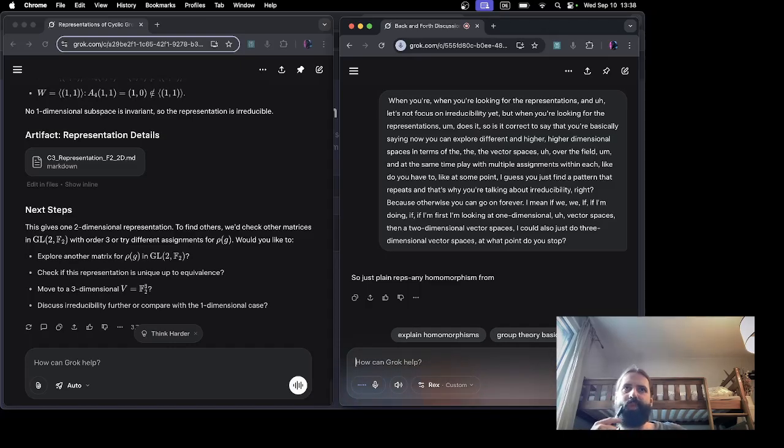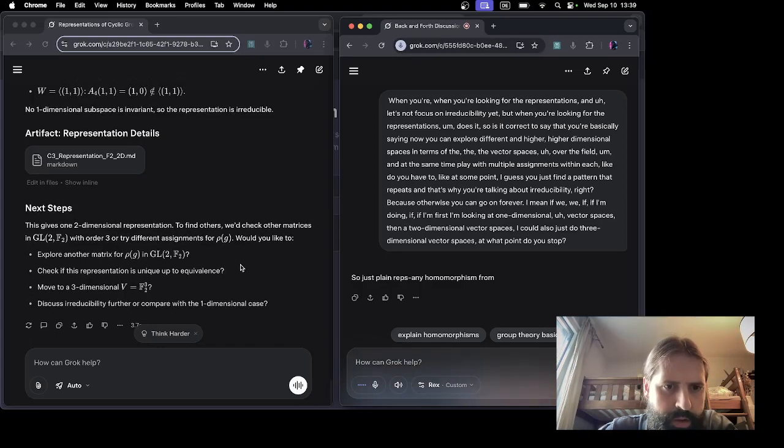Then hunt for the smallest faithful ones, maybe a 2D that doesn't decompose, and test if higher-dimensional ones fall apart into copies of those. Once you've tagged every irrep, anything else is redundant. Dimension caps out at the group's order, but usually way sooner. Irreducibility is your stop-shopping sign. When no subspace plays nice with every group element, you've got a keeper. Want me to sketch how you'd hunt them for, like, S3?